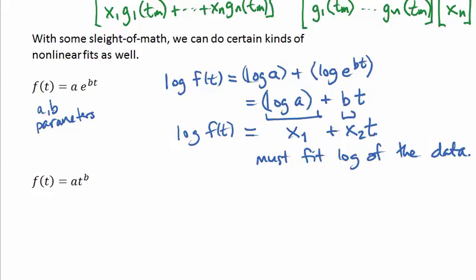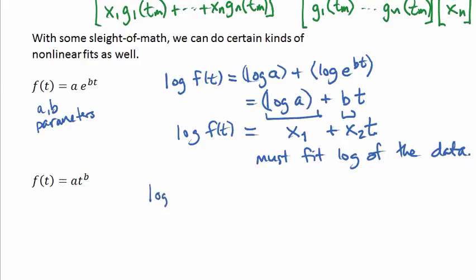Or if we have a power law, like f of t equals a times t to the b, again, the trick is to take the log of both sides. So we take the log of a product as the sum of the logs. So we get b times log t using the power rule for logs.